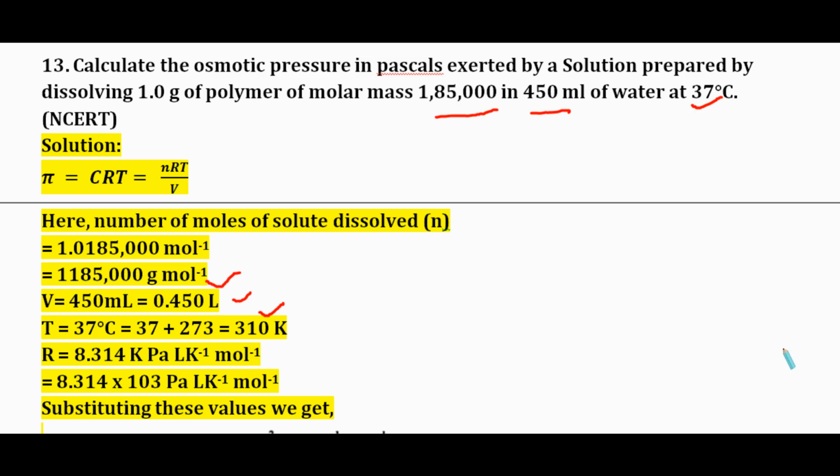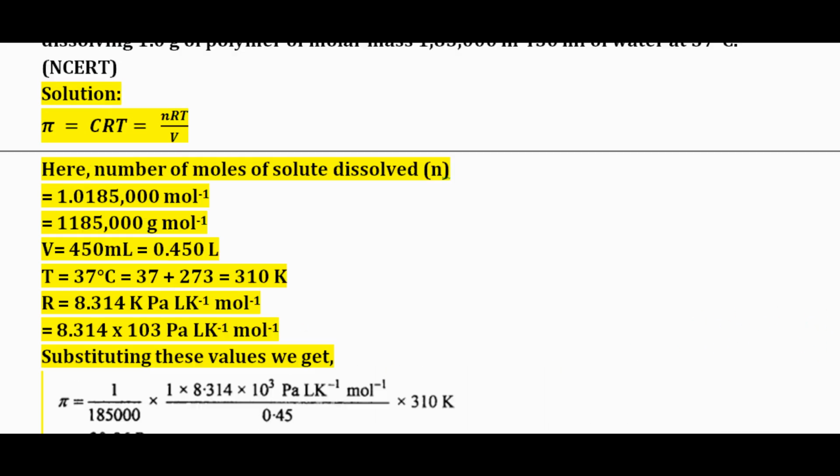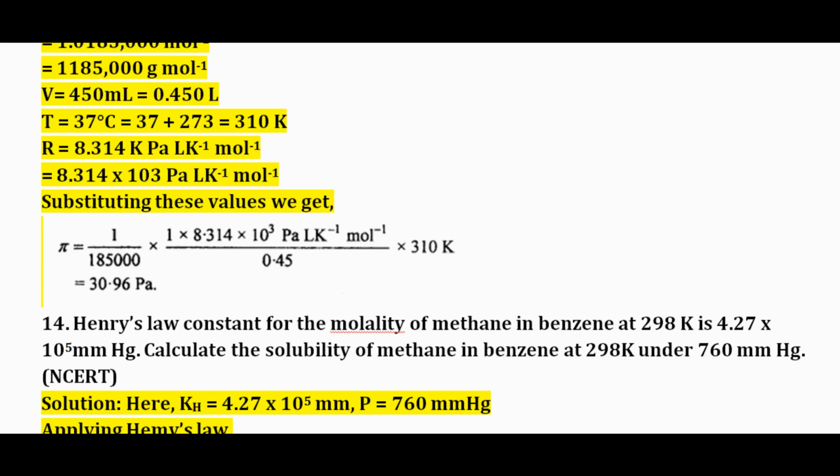Now putting the value in the formula, applying the formula, this is value of n, this is value of R, this is value of T, and this is value of V. So on calculating, we get 30.96 Pascal.